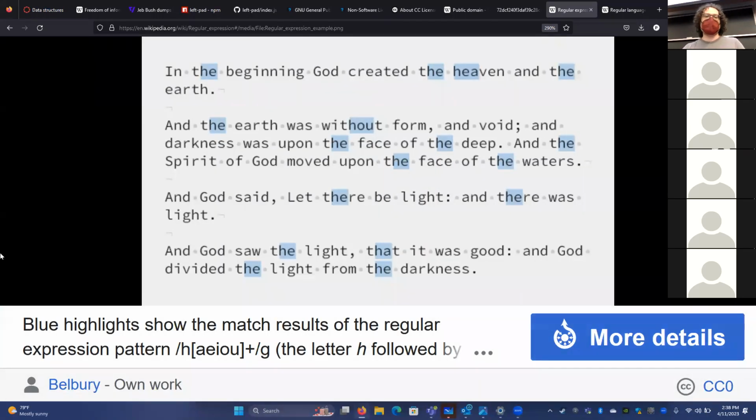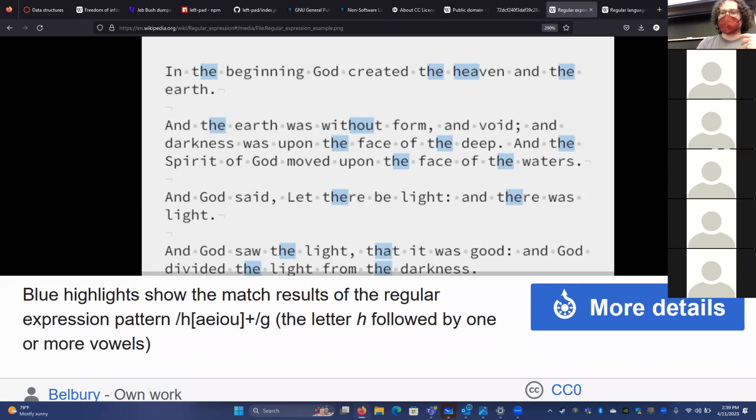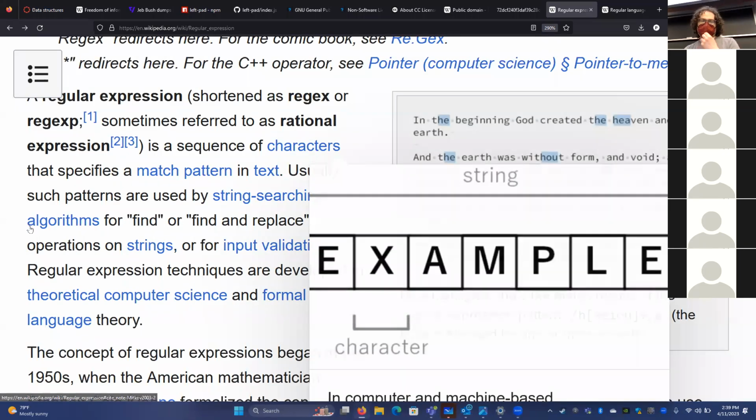It looks for the letter H followed by any number of vowels. So note what it looked for. It found the "he" in "the", but also the "hea" in "heaven" and the "hou" in "without". So that's a pretty good example, I think.